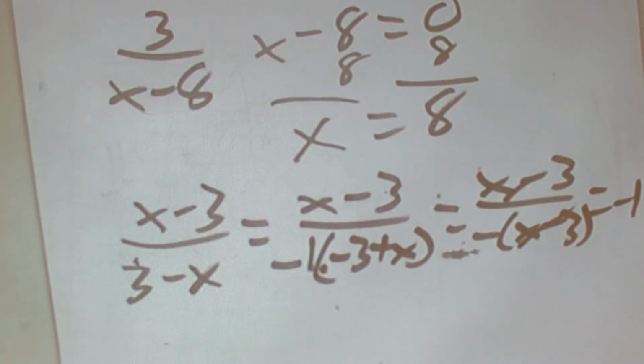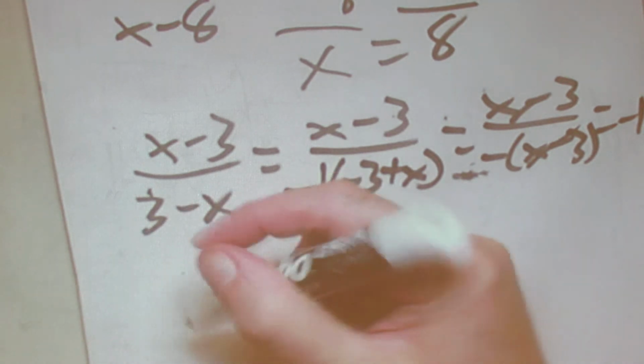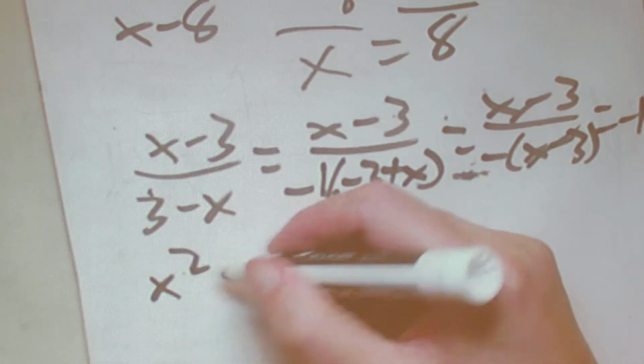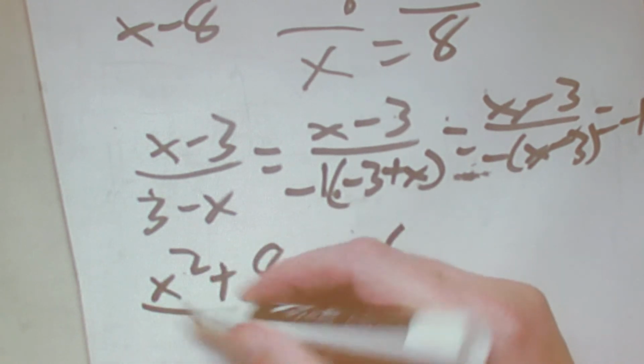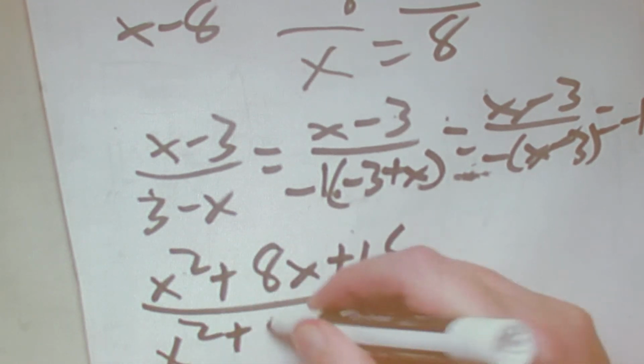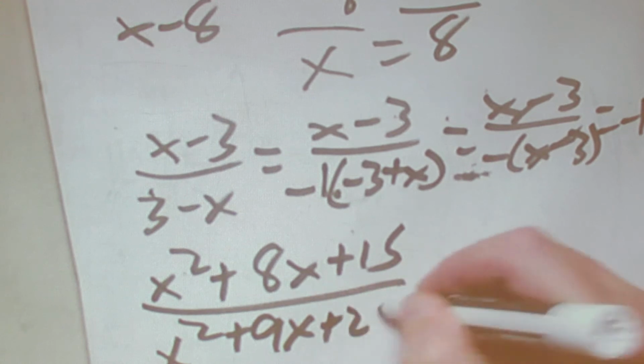Remember, if you have something where you have the same variable and the same number, but they're in reverse order and they're subtracting, when they factor out, it's going to be a negative 1.